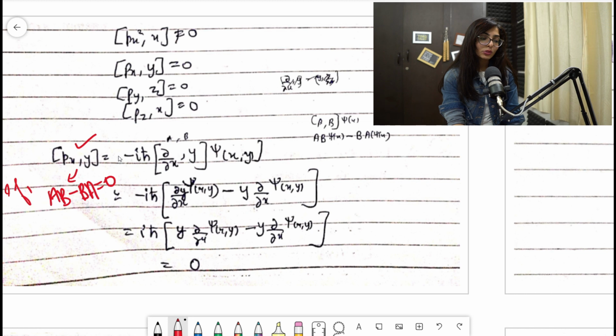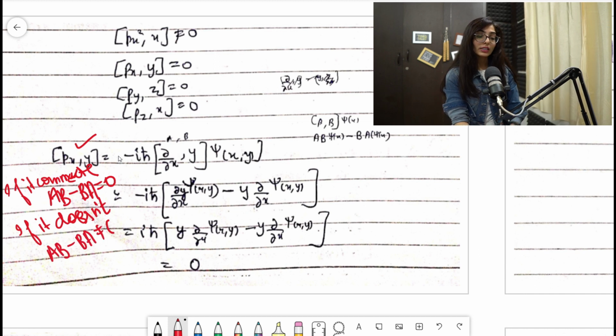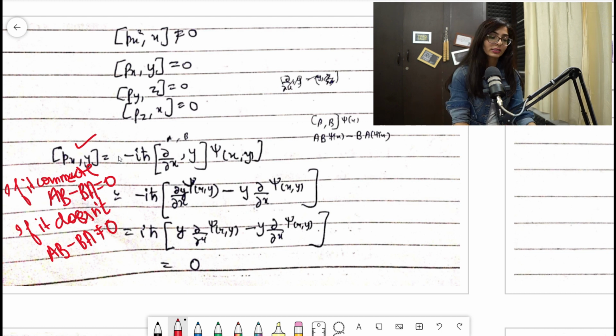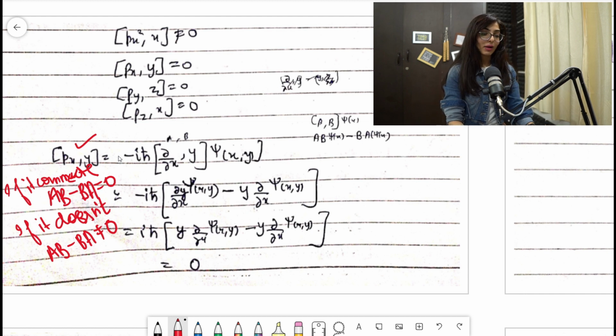If they do not commute, then ab minus ba will be non-zero. I hope that is clear. So now I'll solve this. Let's put the value of px first, that is minus iħ ∂/∂x, comma y. That is the value, minus iħ.